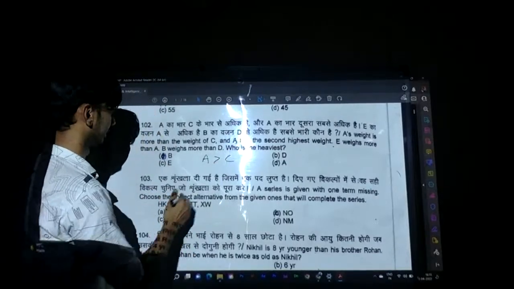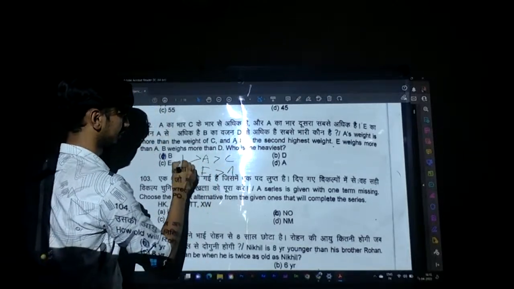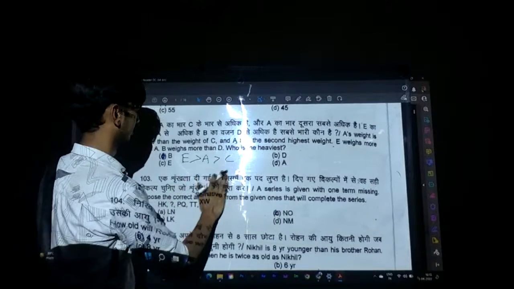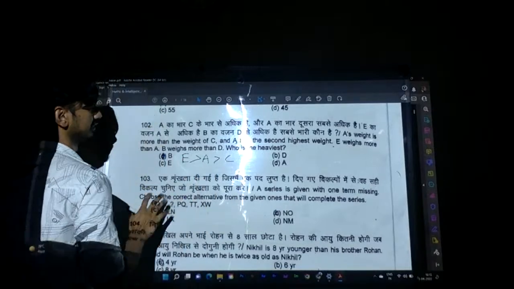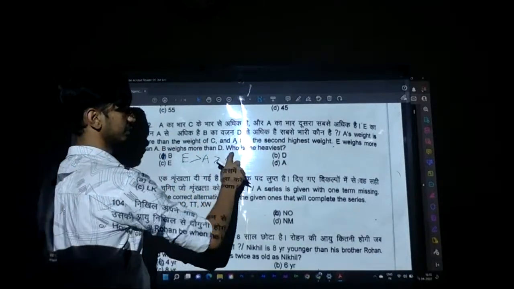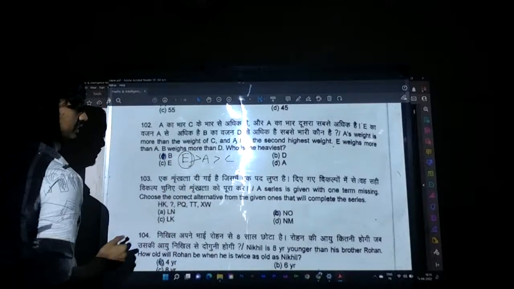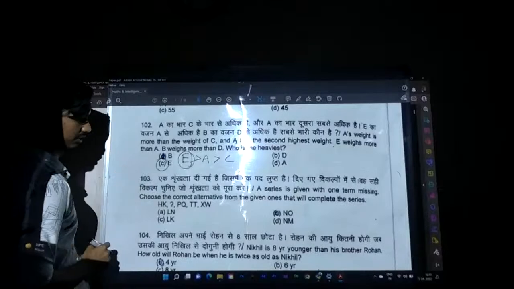E weighs more than A. So this will come here, E, and B weighs more than D, which is the heaviest. We know that A is the second highest, so B and D cannot be here. Then who is the heaviest? So the answer will be E, and the answer is option C.